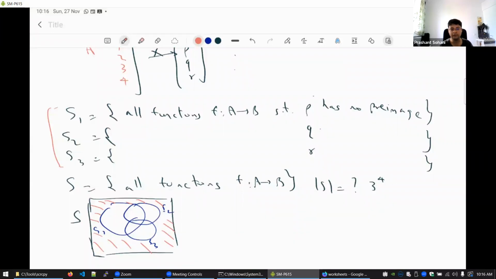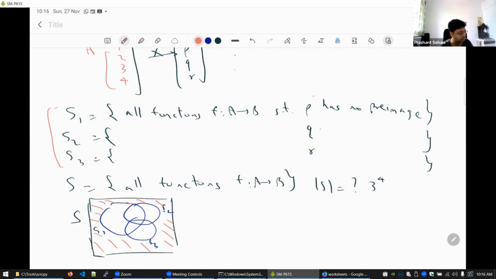Is this clear, or do you want me to give any examples? For example, let us take some example of a function, with the same set 1, 2, 3, 4. Let me define the function and you tell me which set it will belong to and which set it will not belong to.